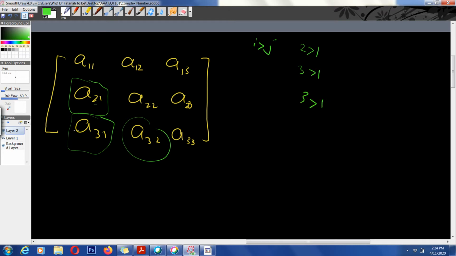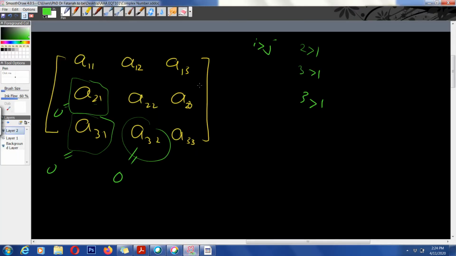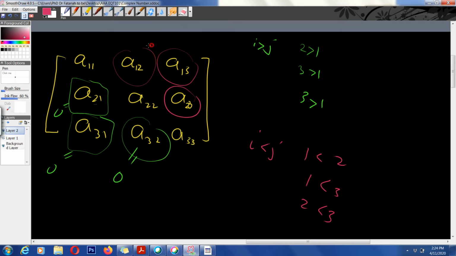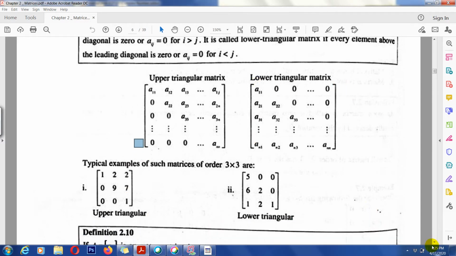So every element here goes to 0, and we call this an upper triangular matrix. If i is less than j, where? Here, 1 is less than 2, this element, and this element, 1 is less than 3, 2 is less than 3. These go to 0, and we call this a lower triangular matrix. This is the type of matrices: this is upper triangular, this is lower triangular.